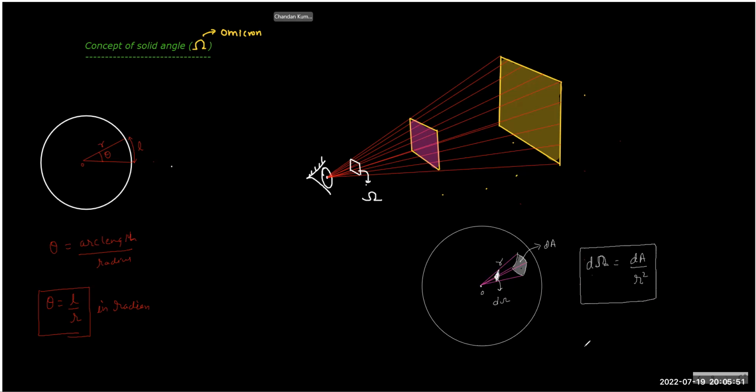So given a spherical surface and taking a part of it, we can find the solid angle that surface must be subtending at O. So if I take the entire surface, what is the total area?